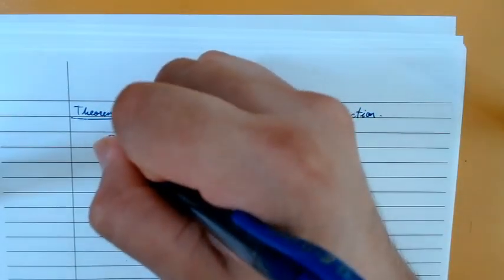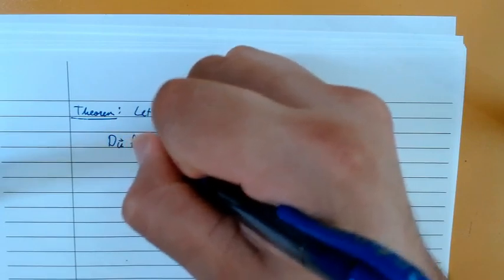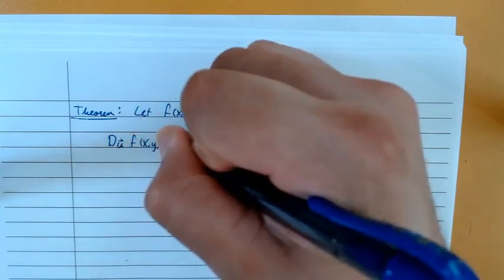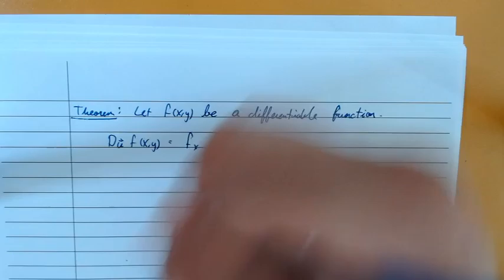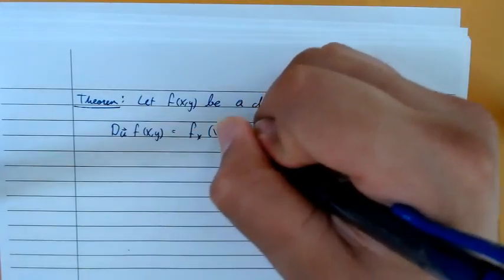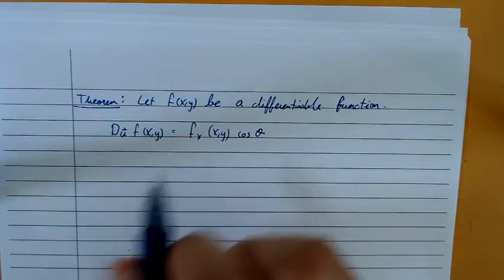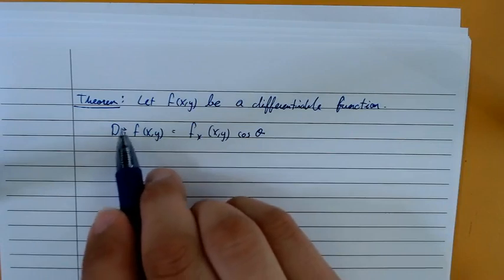Then the directional derivative in the direction of the vector u of f of x comma y is equal to the first partial of f with respect to x at x comma y times the cosine of the angle theta, where again the angle theta is the same angle theta we saw a moment ago.